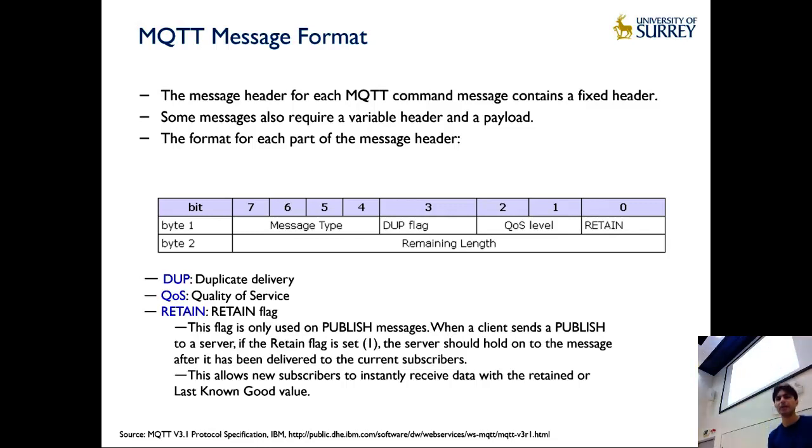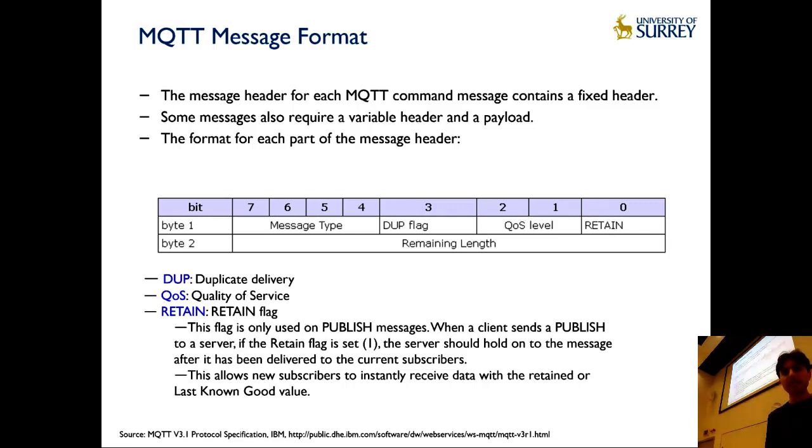Depending on whether you make it 0 or 1, you can say this is a duplicate delivery or it's not. Again, if you send the data once and you're sending it again, you can make it 1 and say this is a duplicate delivery. And the combination of these and the quality of service measures will allow MQTT to decide how to store it in the message bus.